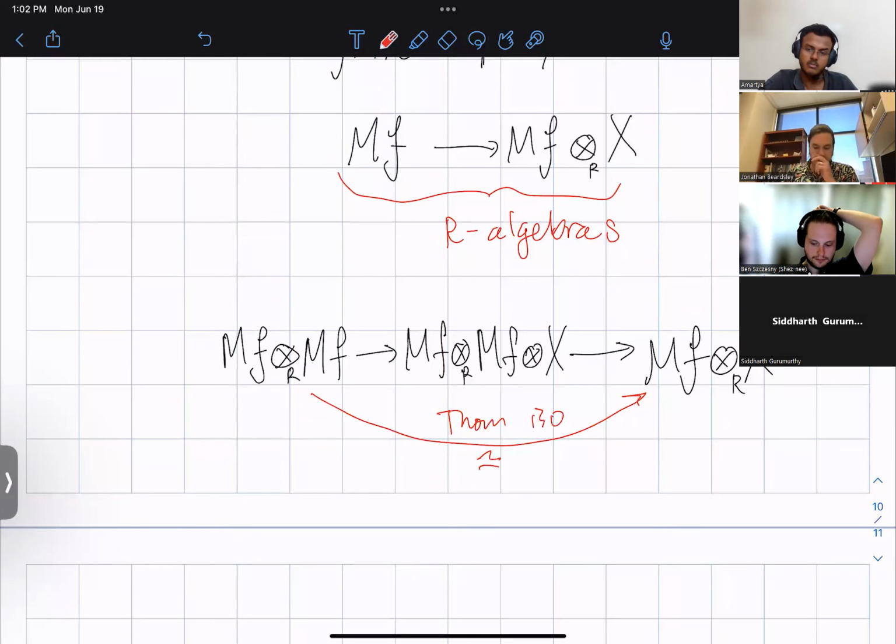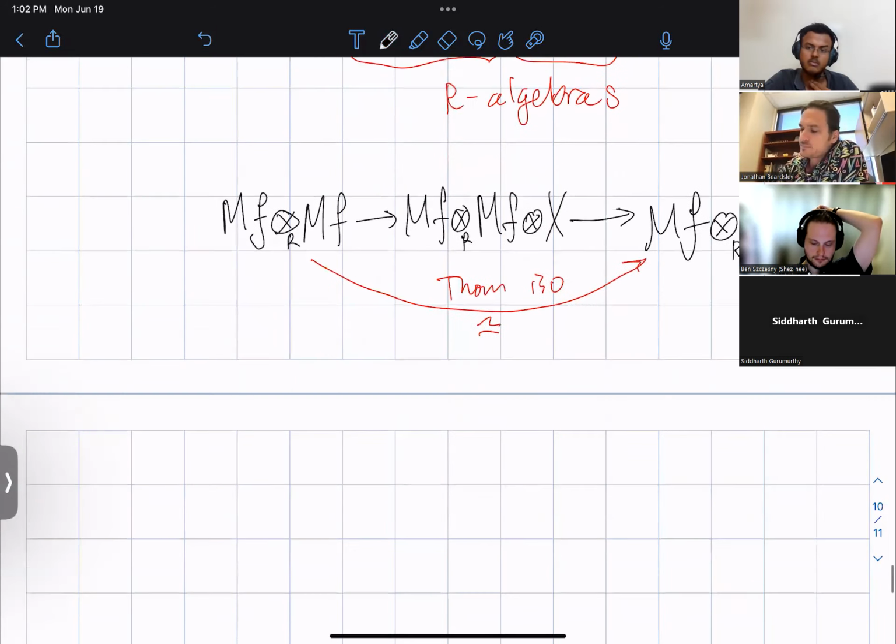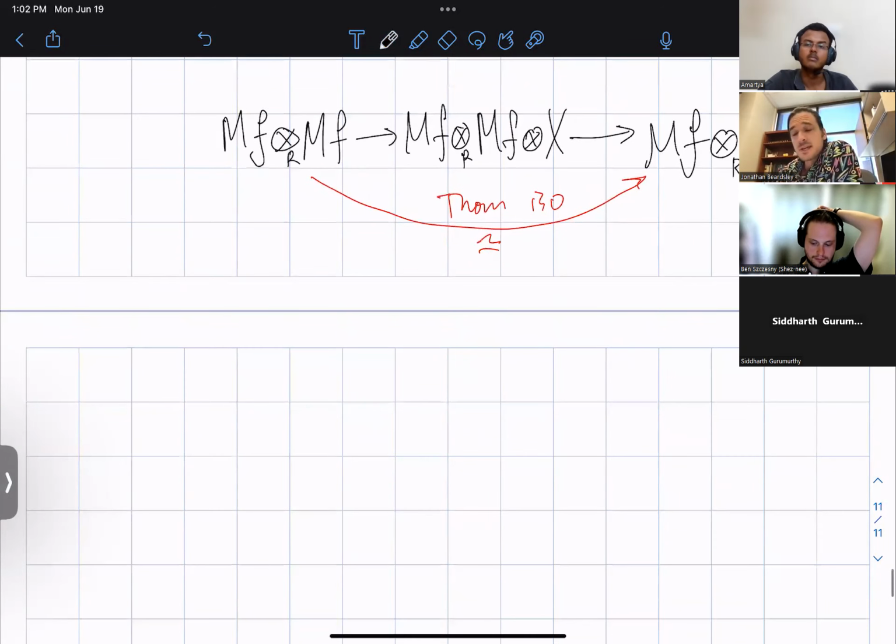So you have these two structures. And then, assuming that you believe this makes sense, you can take spec of this whole picture to get affine spectral schemes, if you like. Or you can just think about the arrows as going the other direction.